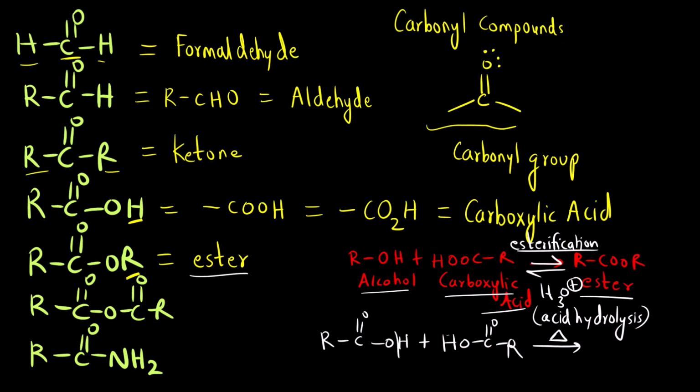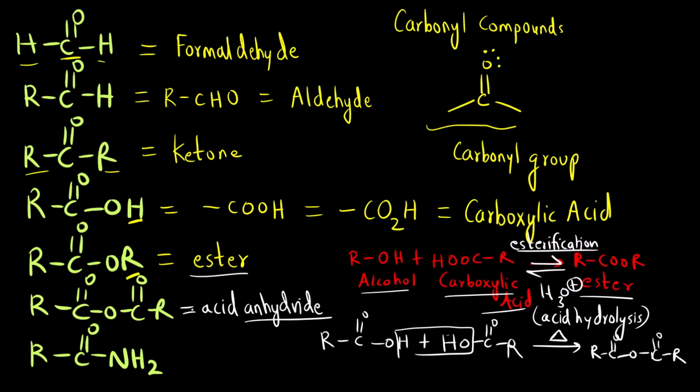So here, water will be lost, and we will get an anhydride, RC double bond O, O, C double bond O R. This functional group is called acid anhydride. Anhydride means water is removed from acid molecules, two molecules combining and losing water to form acid anhydride.